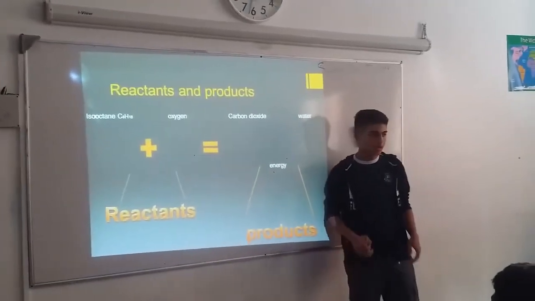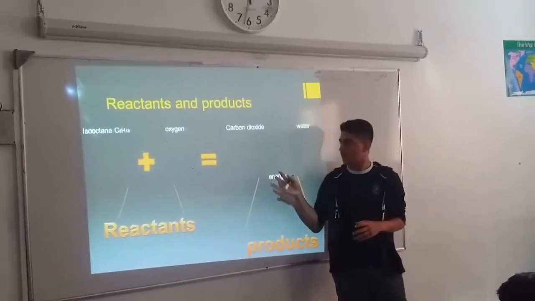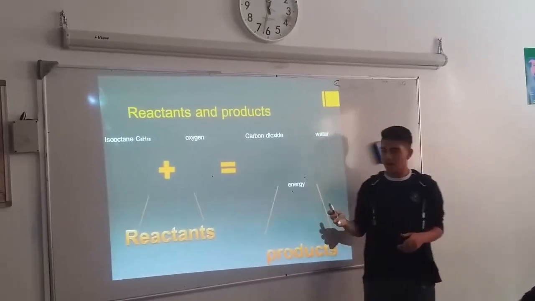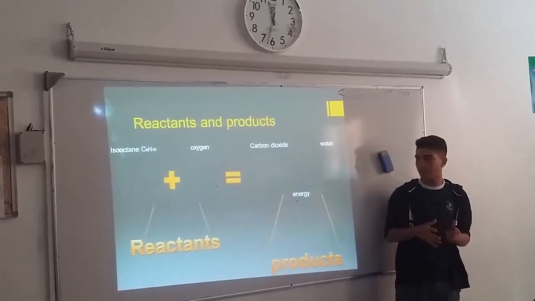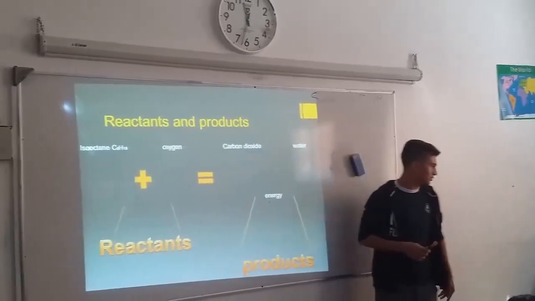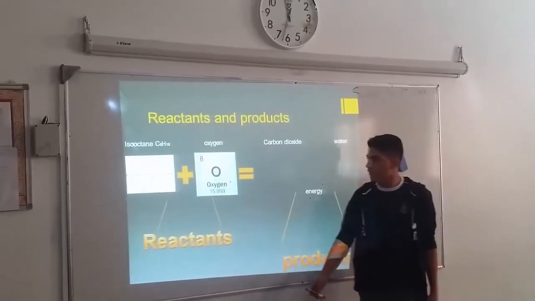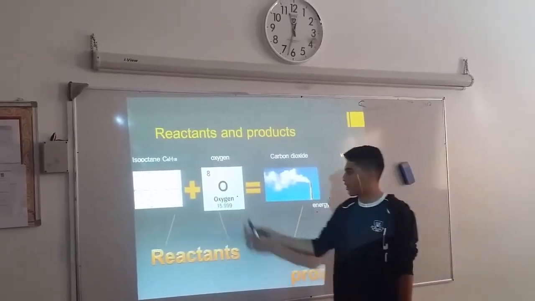In every chemical reaction, there are two main things: reactants and products. The reactants are what react together, and the products are what gets released or formed afterward. For example, here we have isooctane, which is C8H18, and oxygen.